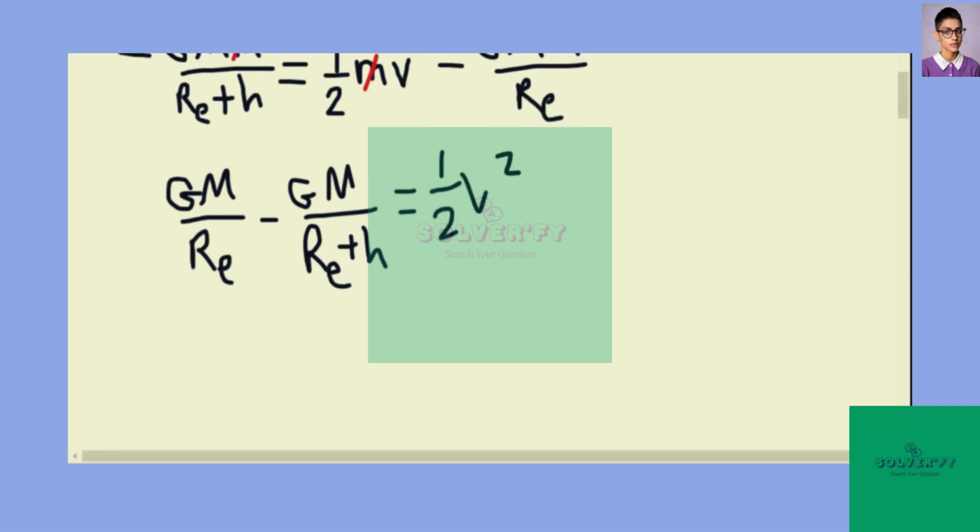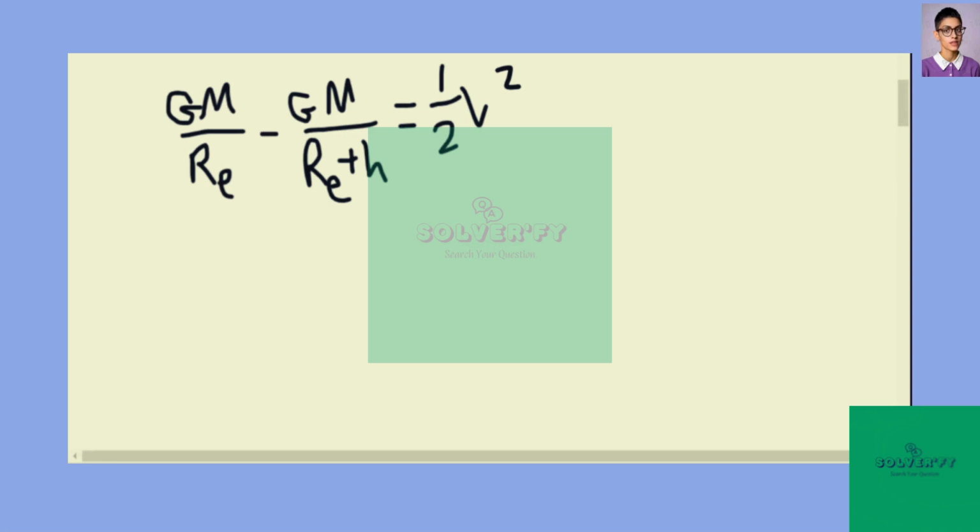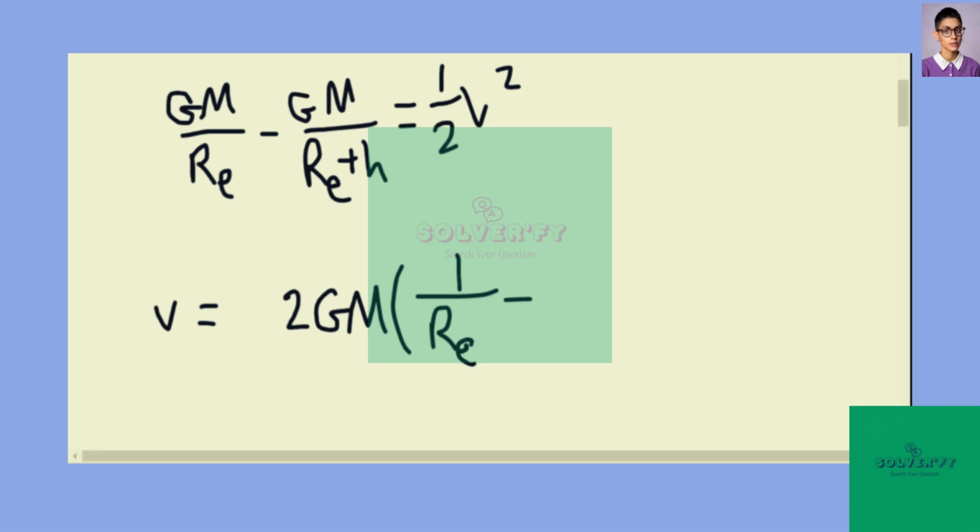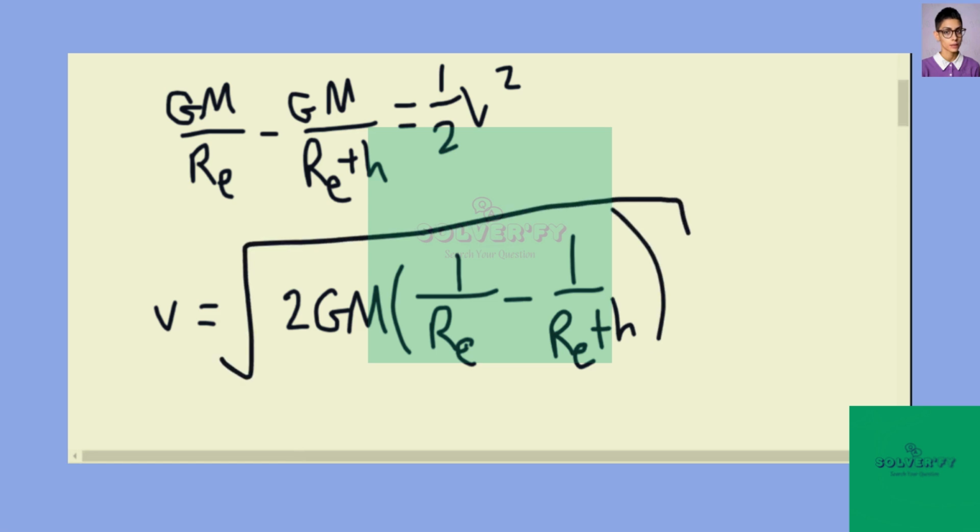So we can factor out the G and the M. So it's going to multiply by 2 on both sides, and we get v is the square root of 2GM times 1 over R_E minus 1 over R_E plus h, the square root of that whole thing.